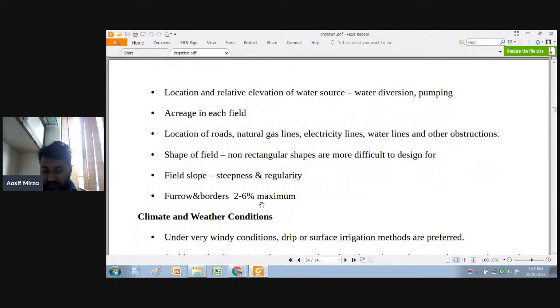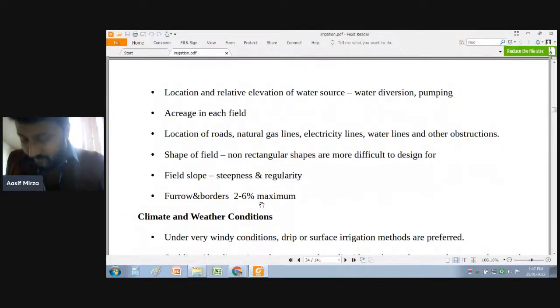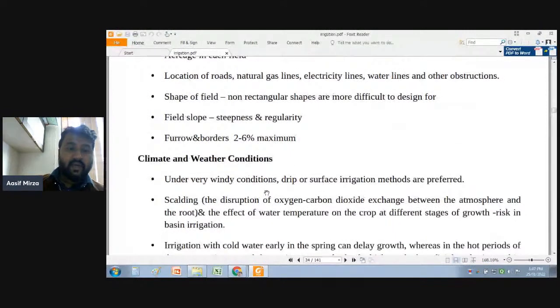Now, moving towards the next, that is the climate and the weather condition. Under very windy conditions, drip or surface irrigation methods are preferred.